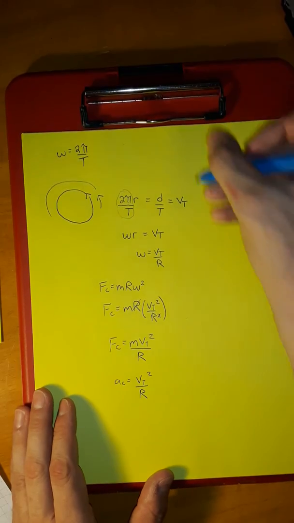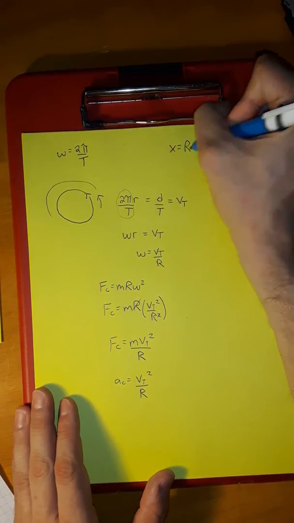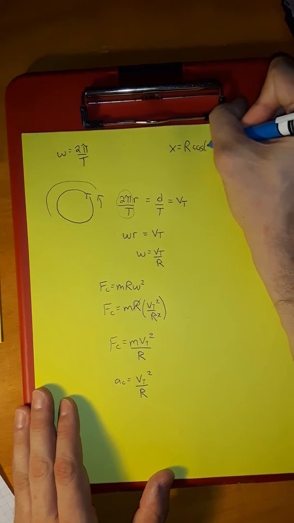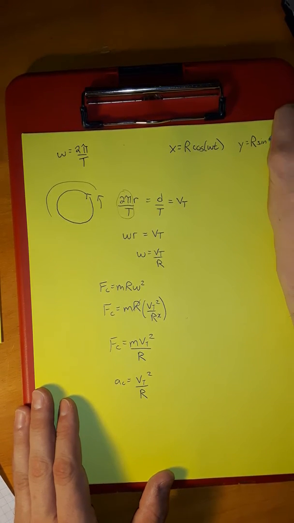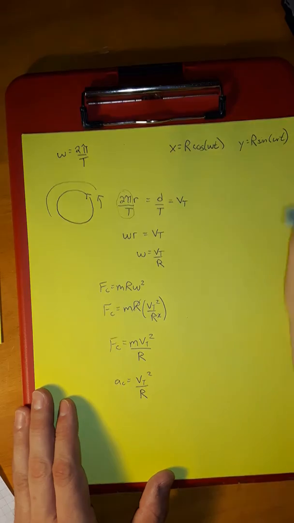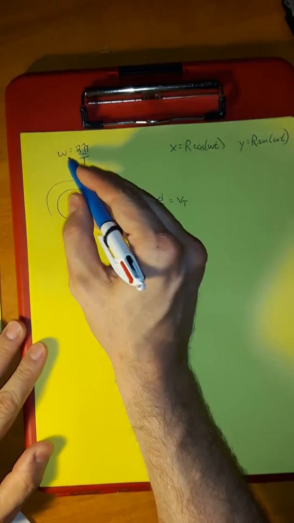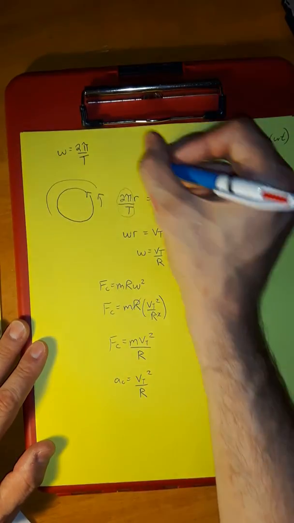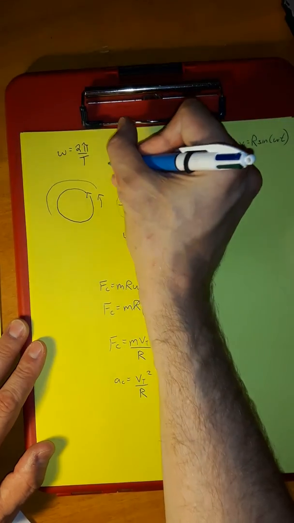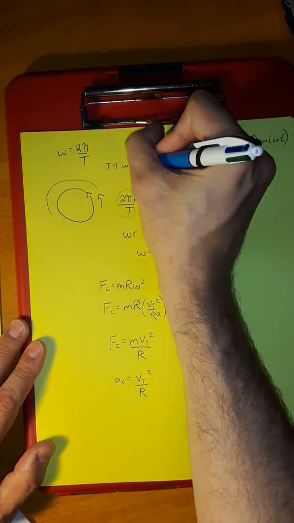It's also worth noting from the position, I'm going to rewrite x and y. By subbing in a value for omega in radians per second, we can get the point we are along the circle. I just wanted to show that. So if we assume T equals 1, omega would be equal to 2 pi.